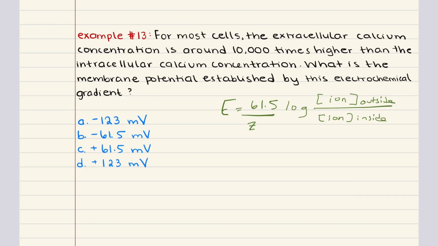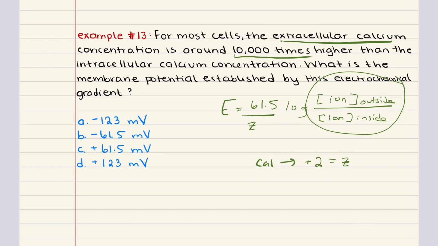Now, our ion of interest here is calcium, and calcium has a charge of +2, so that is our Z value. The concentration ratio is going to be 10,000 to 1, because we're told that the extracellular calcium concentration is around 10,000 times higher than the intracellular calcium concentration.